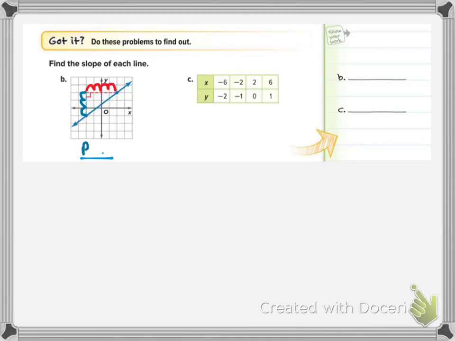We want that to be rise, not run, rise over run. So you want to count the number it's gone up and count the number it's gone over. Reduce if you can. Enter your answer on Edpuzzle.